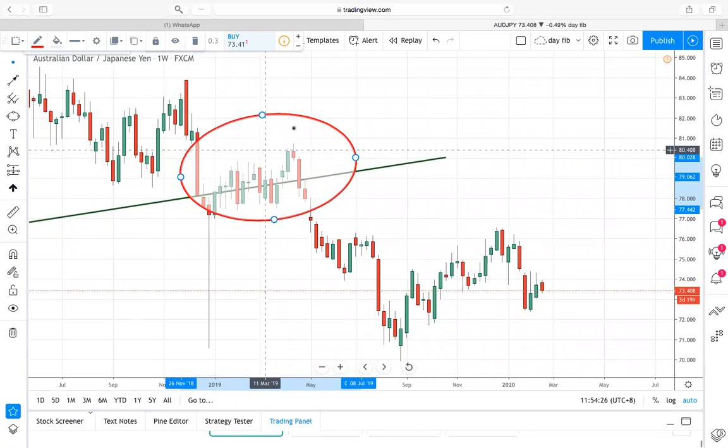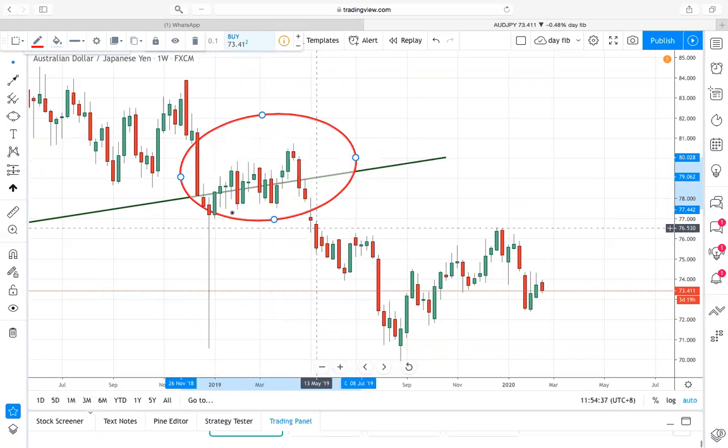This is what I term as a challenging setup for some people, but it may be a promising setup for some people, because this is where the volatility is at one of the greatest.